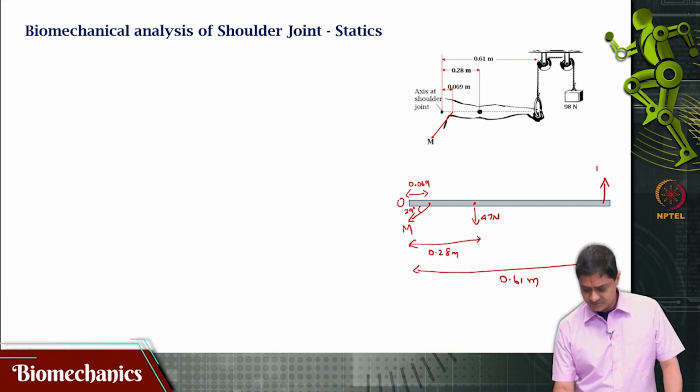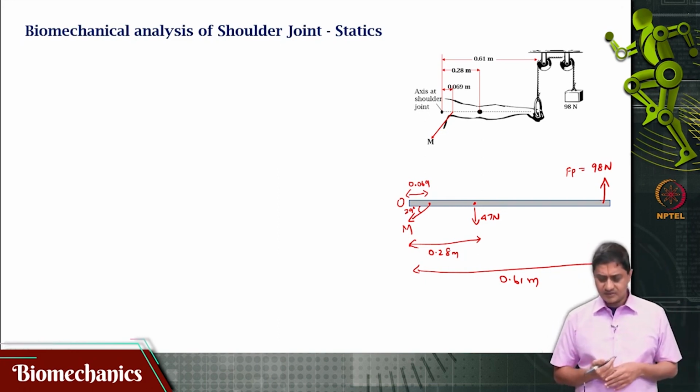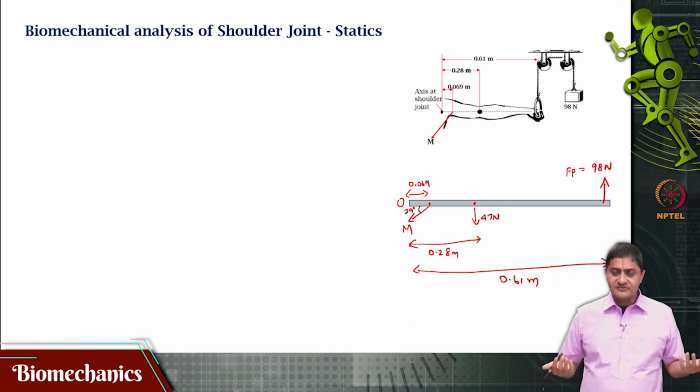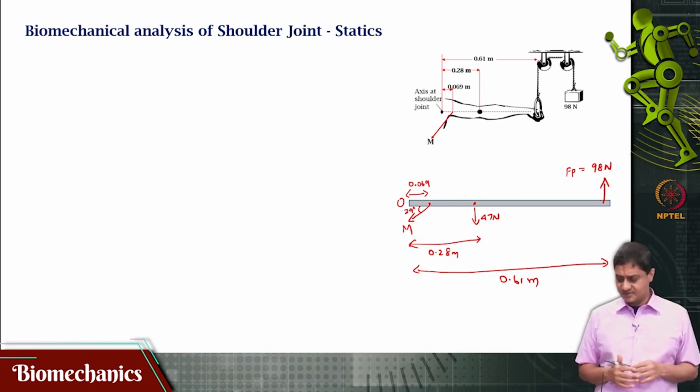The force is 98 newtons. Are there any other forces or distances that we will have to mark? There are only these three. There is the weight of the entire arm, there is the external load, and there is the force that is produced by the muscle. These are all the forces that are there.